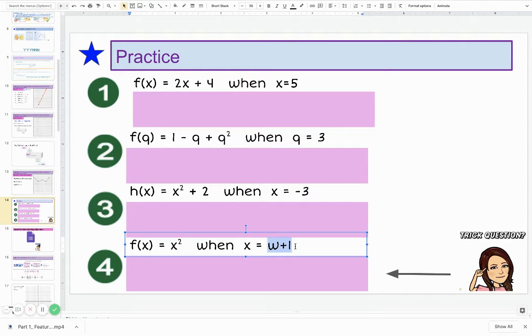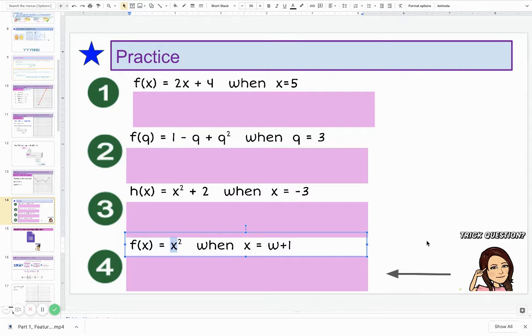So you're doing the same thing as you would have done up here, but instead of it being a number, it's going to be an expression. So you're plugging in w plus 1 wherever you see x in the equation, which is right here.